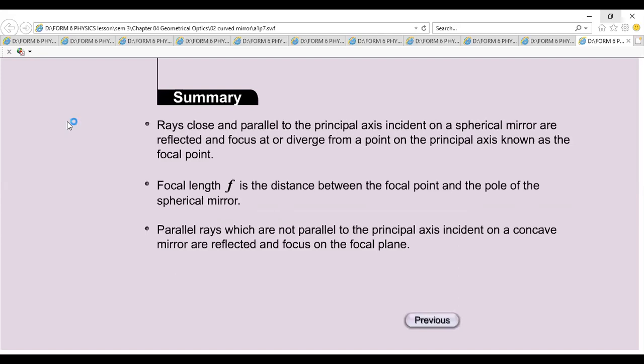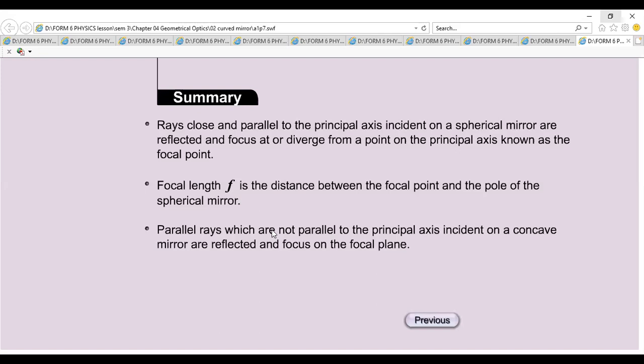Rays parallel to the principal axis incident on a spherical mirror are reflected and focused at, or diverge from, a point on the principal axis known as the focal point. Focal length is the distance between the focal point and the pole of the spherical mirror.